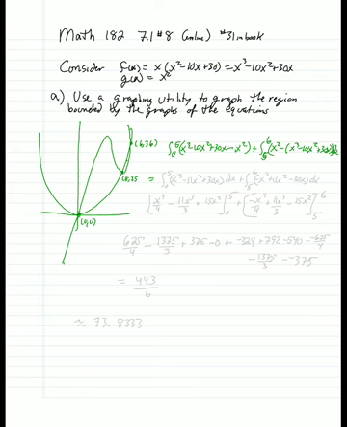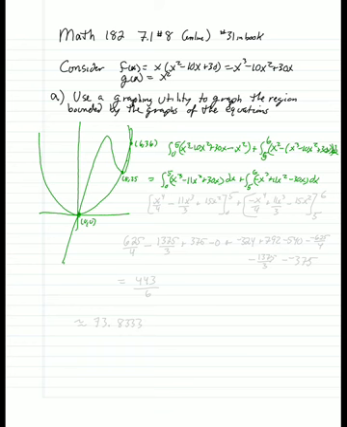So if I do a little bit of simplification, the integral from 0 to 5 of x cubed minus 11x squared plus 30x dx plus the integral from 5 to 6 of negative x cubed plus 11x squared minus 30x dx.